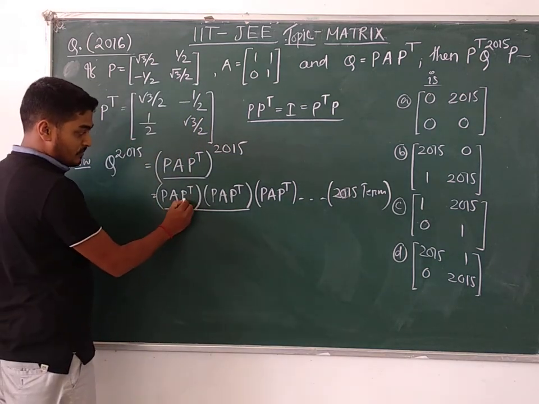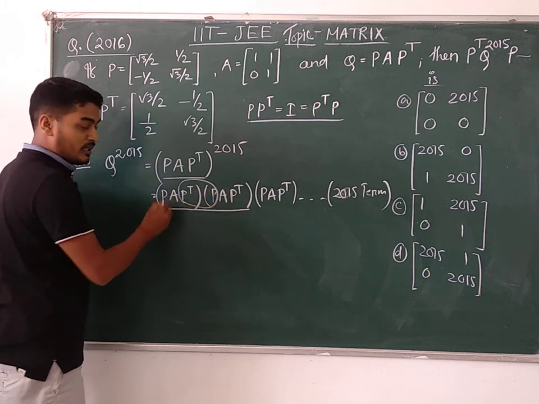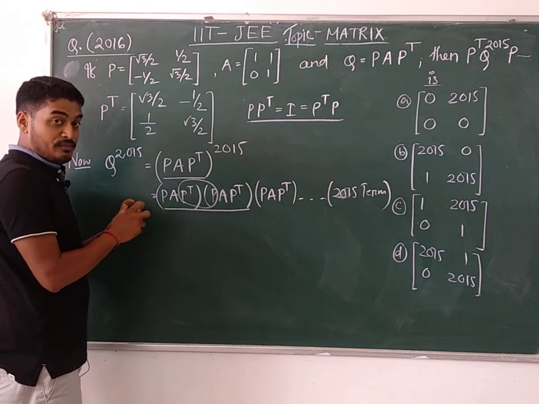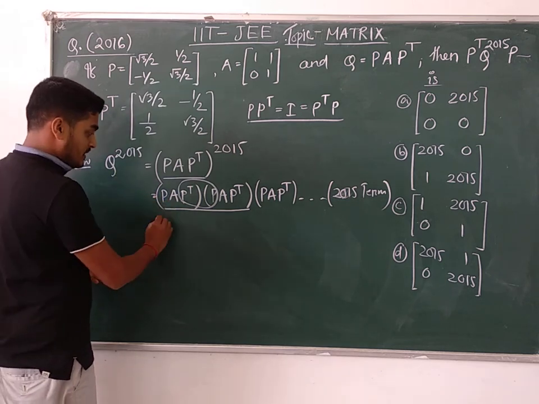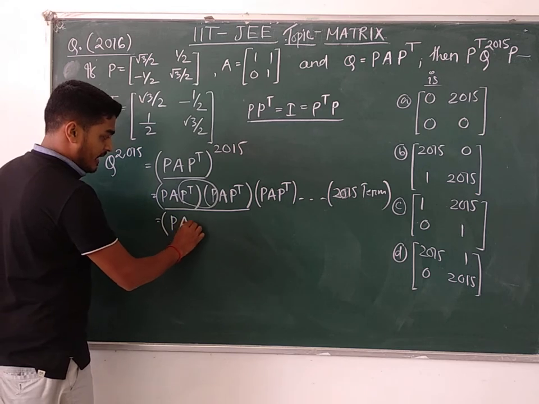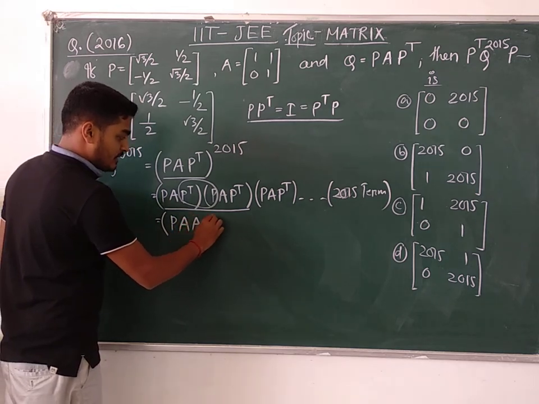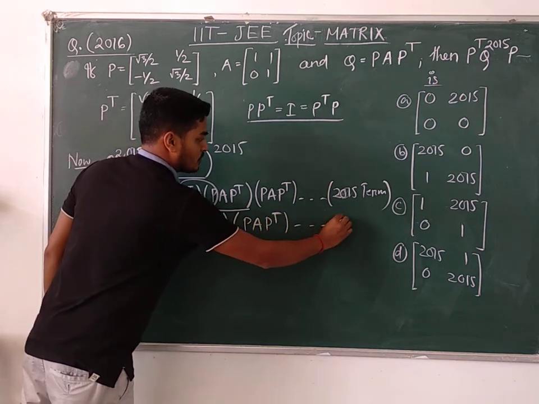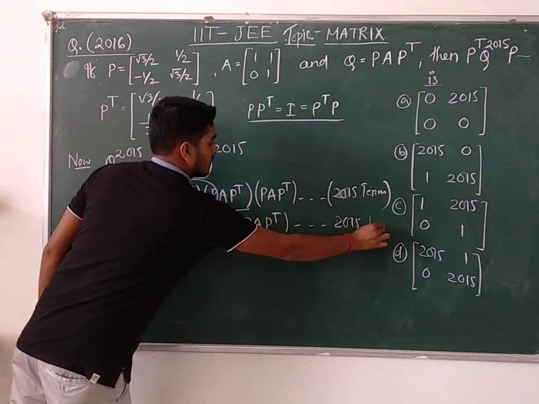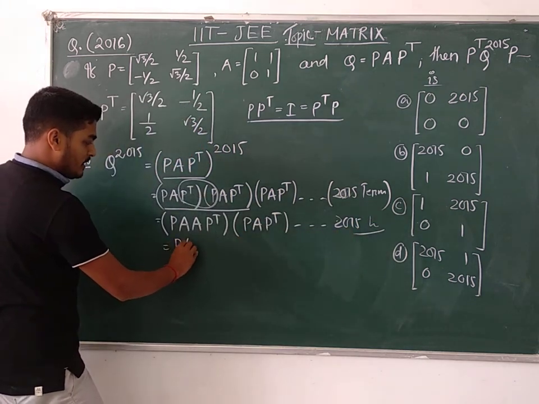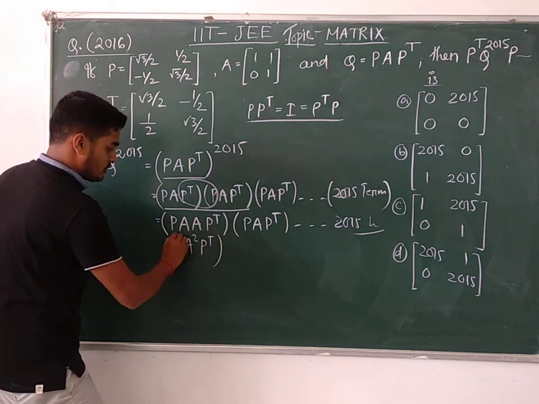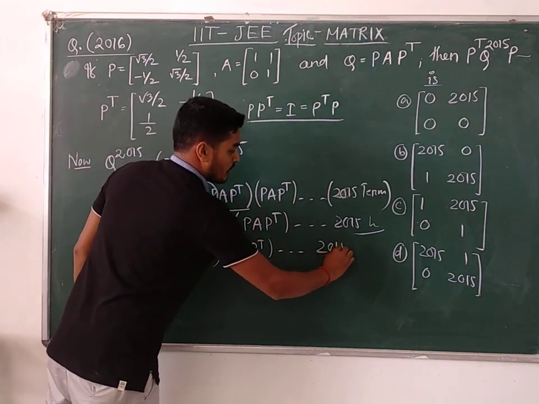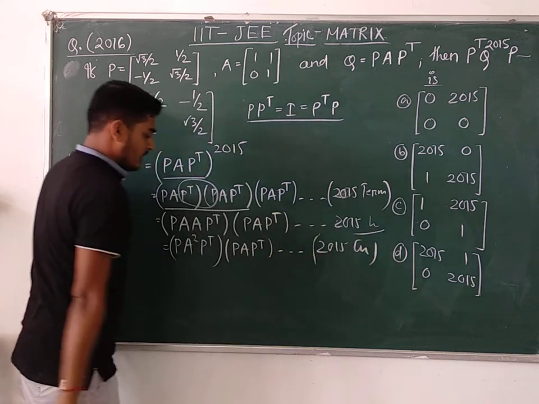Obviously from the observation, you have come to know that P transpose into P is equal to the identity matrix. And if we multiply any matrix with the identity matrix, the matrix will remain the same. That means this expression converts to P A into P transpose, and P A P transpose will be 2015 terms. So here it will be P into A square into P transpose, and so on.